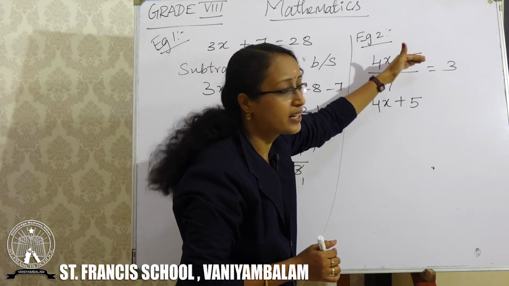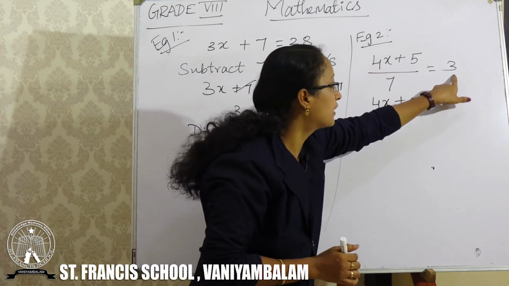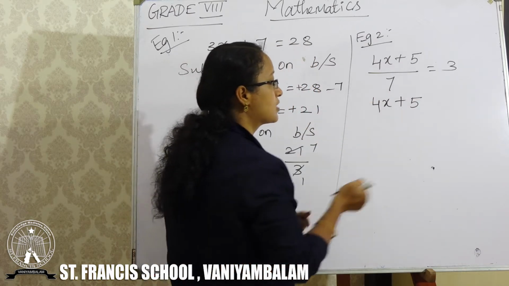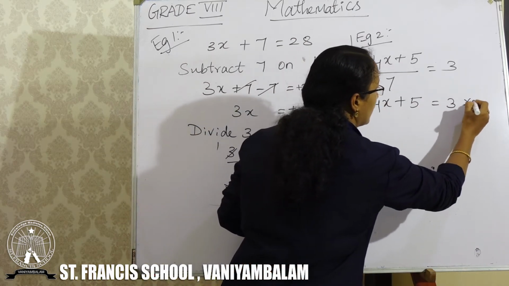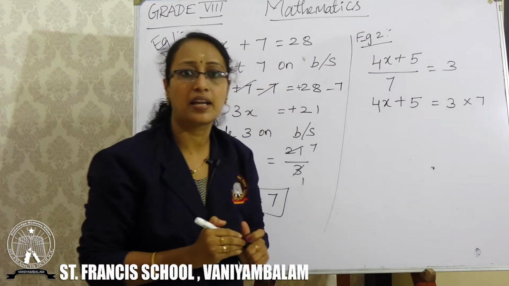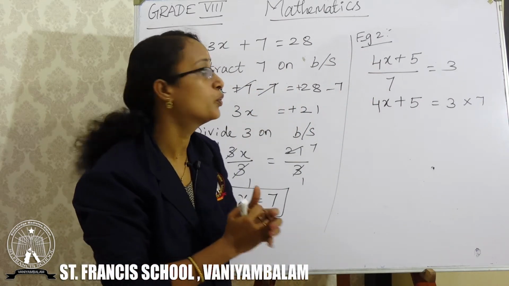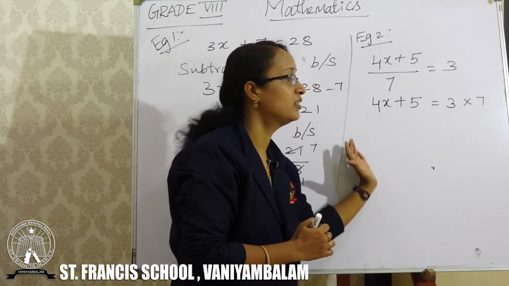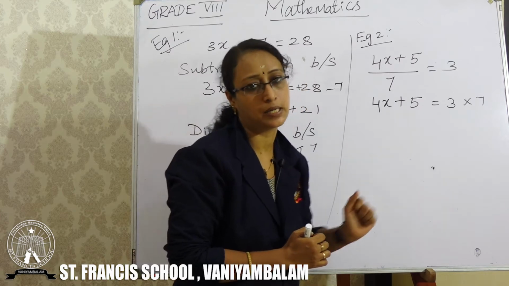Here the numerator is 4x plus 5 and the denominator is 7, and on the right hand side you have 3. So how will you solve this? When this denominator goes to the other side, you will get multiplication. Am I right? Do you remember from earlier classes we had learned that if you have division in a fraction and you take it to the other side, it becomes multiplication.